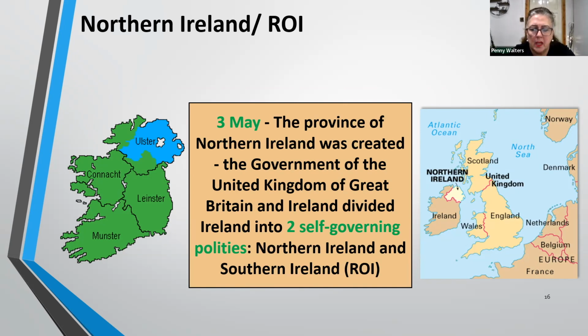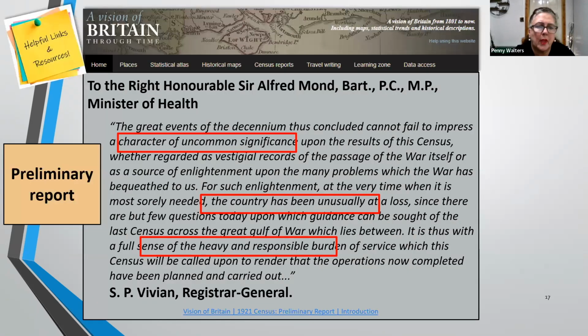So really an awful lot of problems have developed before, after, and during, and especially with Brexit as well, because there aren't any physical borders. So lots and lots of problems surrounding this partition. But anyway, on the 3rd of May, 1921, Ireland was literally divided into two.